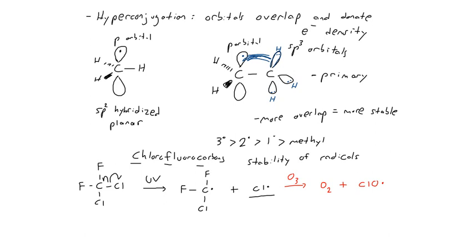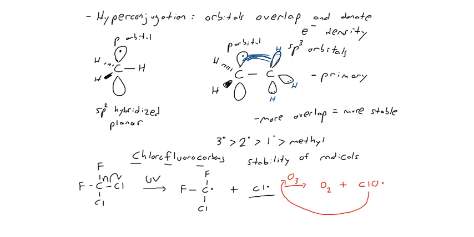And this ClO radical can go and react with more ozone and keep this process going. It's a chain reaction. So that's why these radicals are very detrimental to the atmosphere. They're very harmful to the ozone layer because ozone is easily broken into oxygen that way.